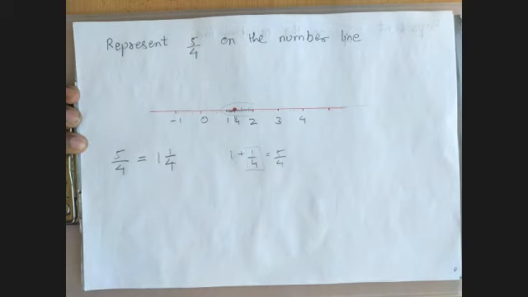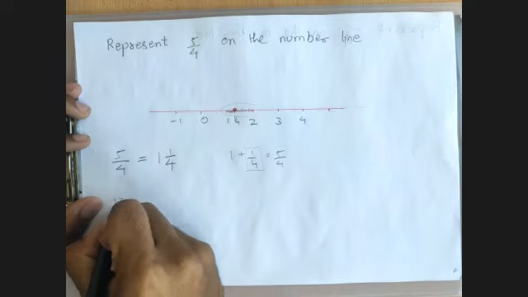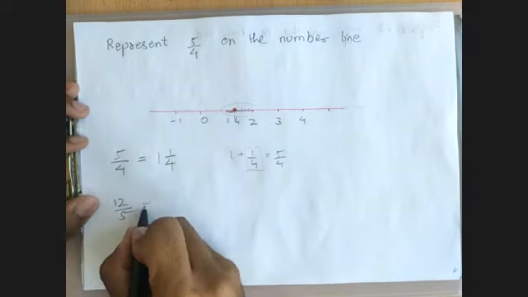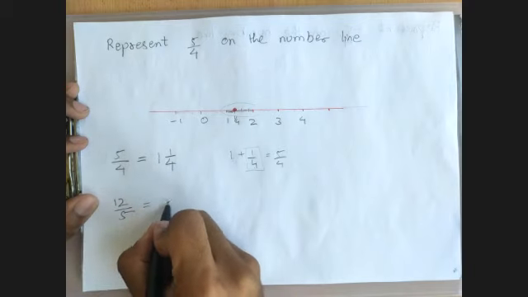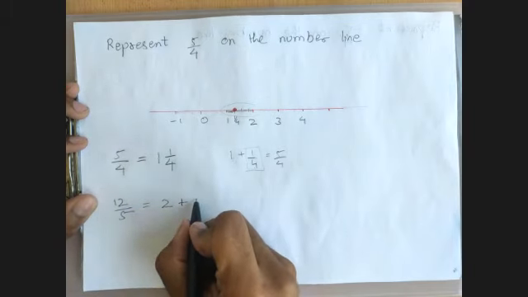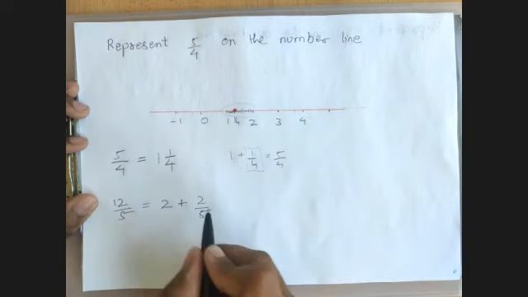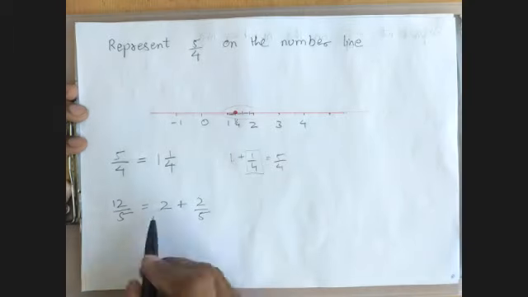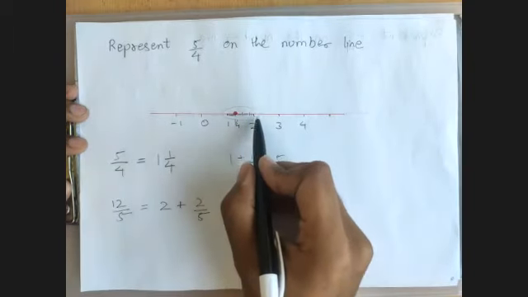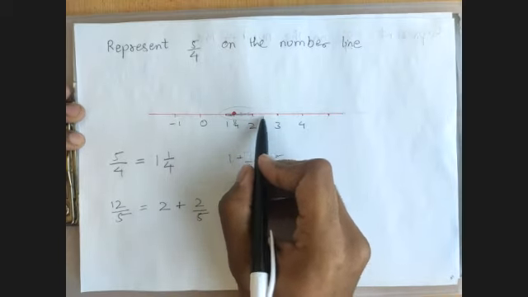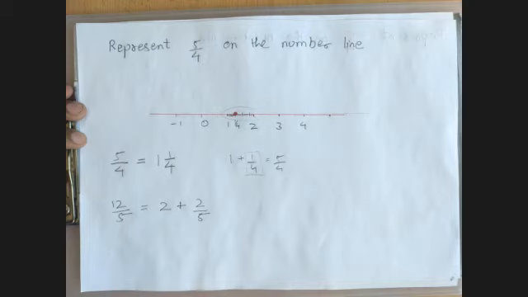Now let us do another example. Let us represent 12/5 also. So 12/5 can be written as 2 plus 2/5, right? So by seeing this, it is 2 and it is greater than 2. After 2 till 3, it is dividing the place by 5 places.